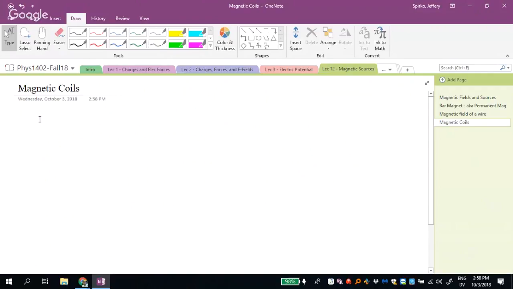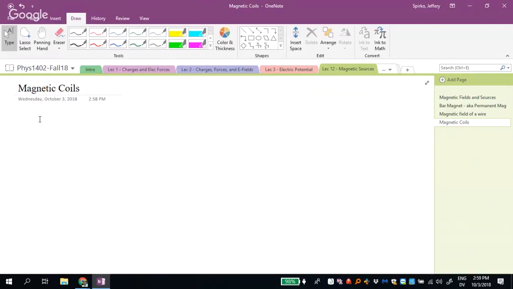So the most important source of magnetic fields is magnetic coils. And magnetic coils are based off that idea that if you have current that goes one way above you and the other way below you, that the magnetism gets amplified.